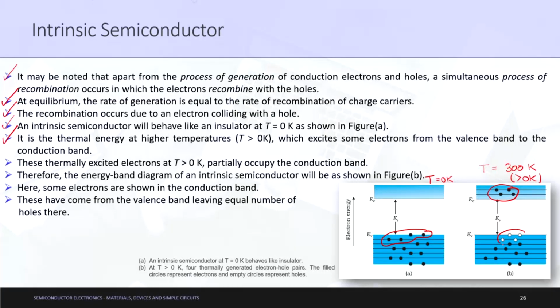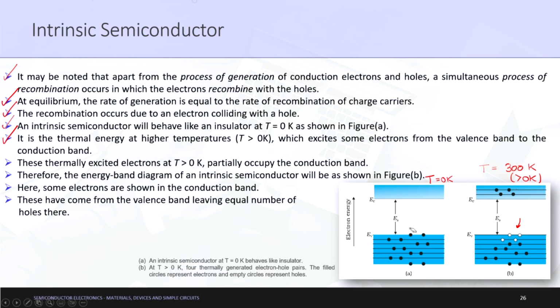When they do, holes are generated in the valence band. Those holes collide with the electrons and recombination happens. So, basically there is a generation of holes here.